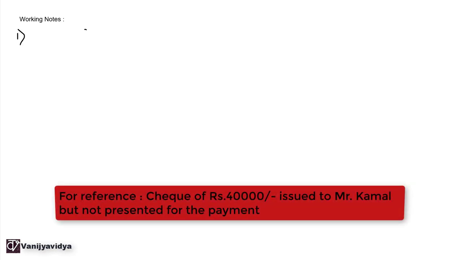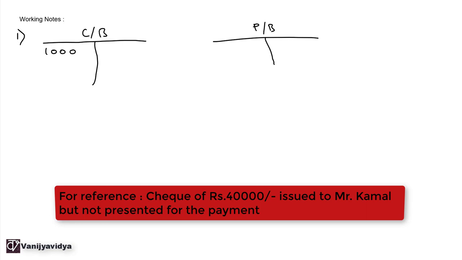So this is our cash book, or you can also say bank account as per your books, and this is our passbook, or you can say bank statement. Now let's assume some balance. Since there is a debit balance in the cash book, in the working note we will be assuming that balance as per cash book is 1 lakh, and the same balance appears in the passbook, 1 lakh.